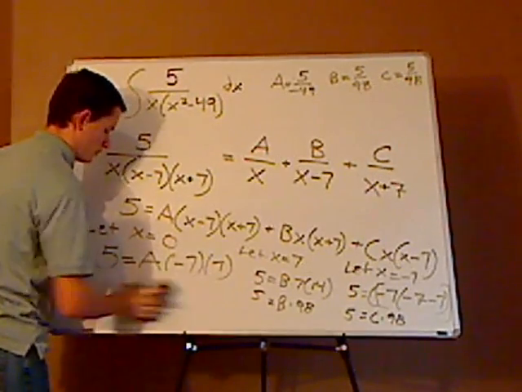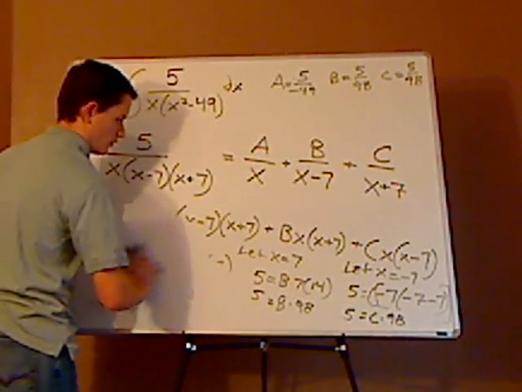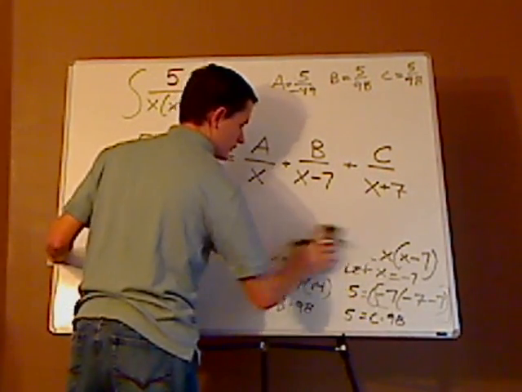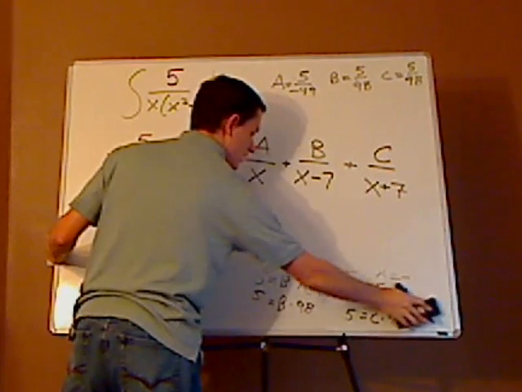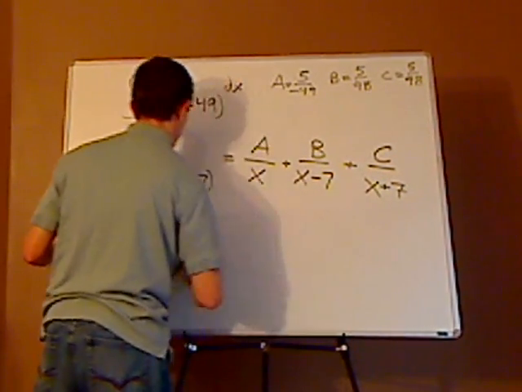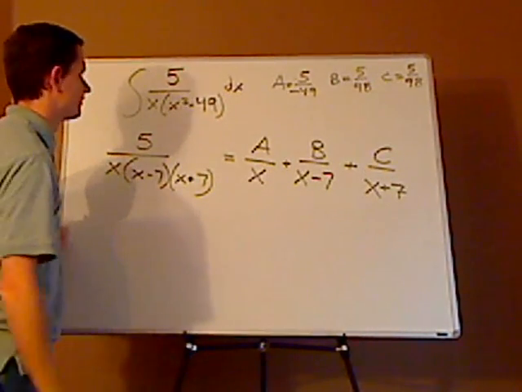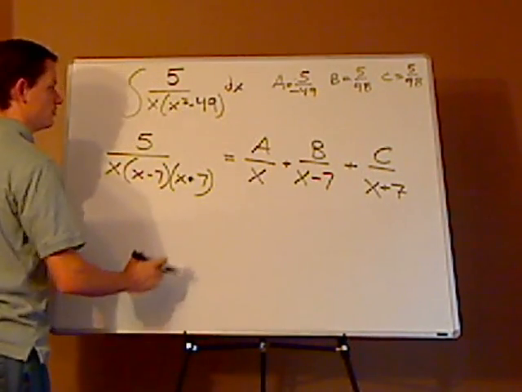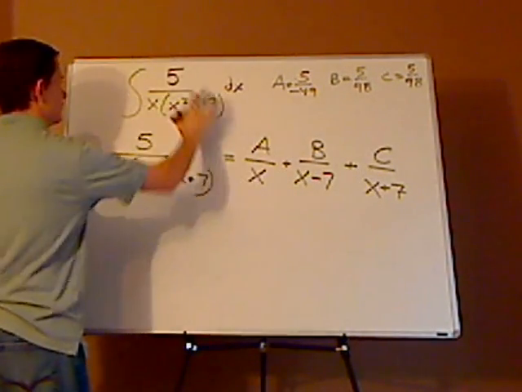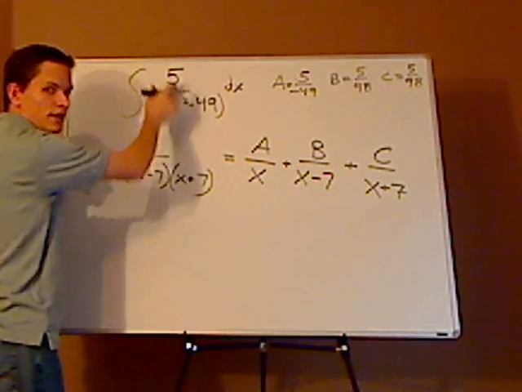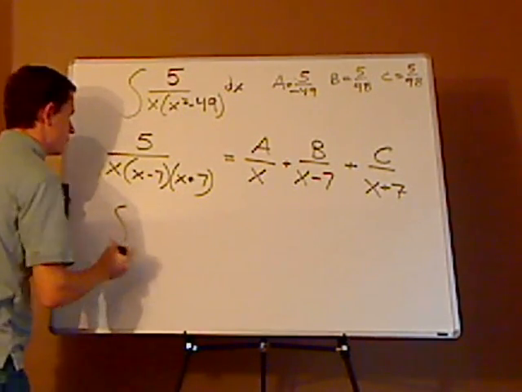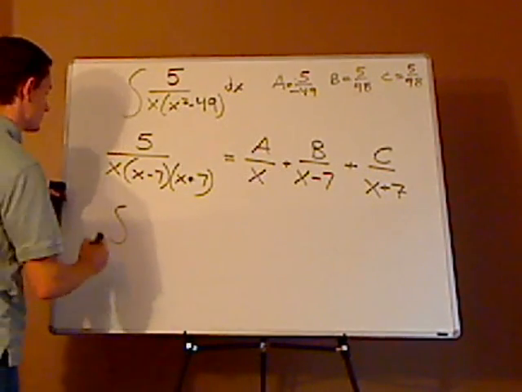Alright. Now you can see why I put my work over there. Normally you don't have to do that because you're using notebook paper, so you've got more room than I do. Alright, so then you just do substitution. You take what you found for A, B, and C, and replace it in this whole big mess over here. And you can separate the integral in the process.